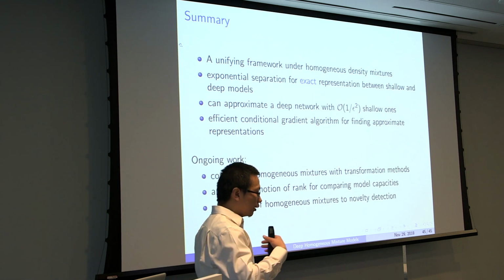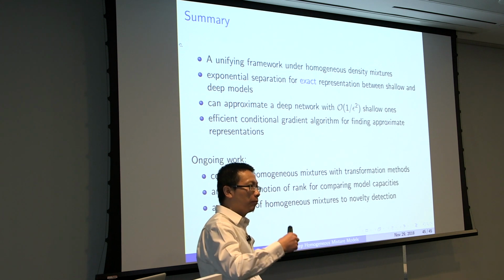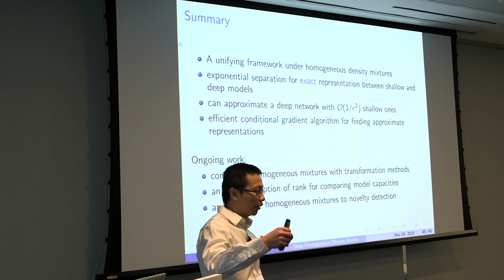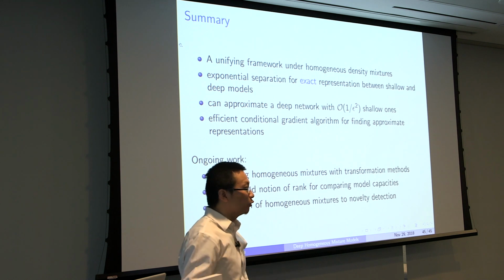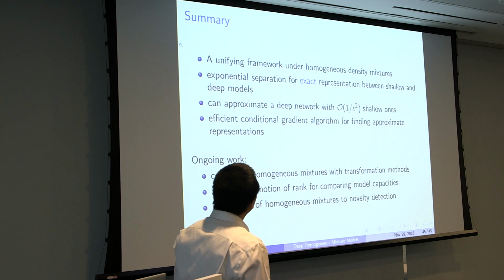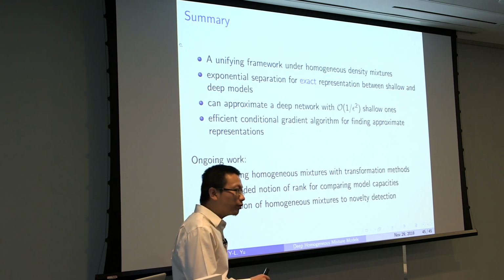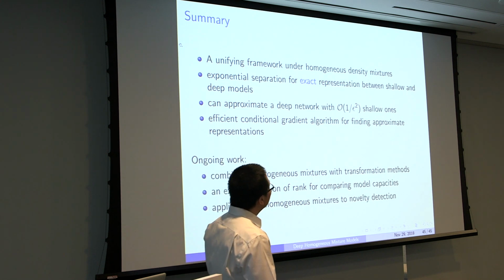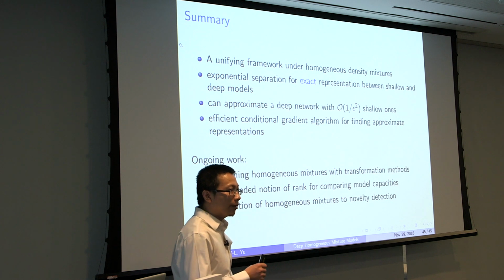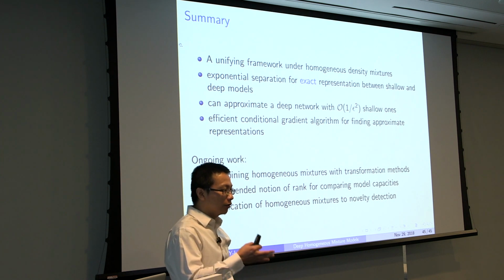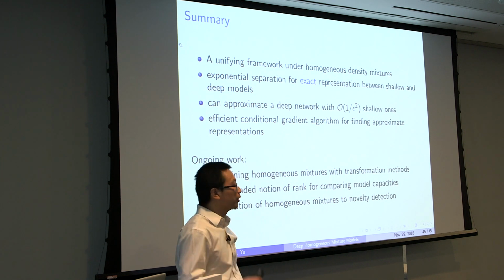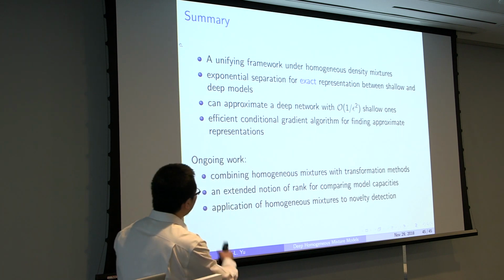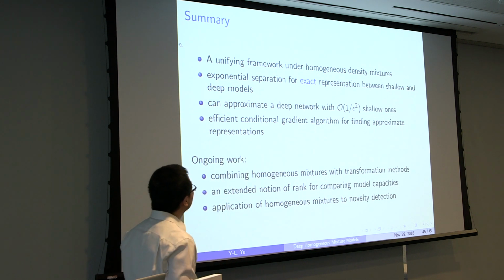And in fact, this exponential gap is not just for a pathological, constructed example. It's actually universal in some sense. However, if you want to approximate a deep architecture with a shallow one, then you only need 1 over epsilon squared shallow networks to approximate a deep network. And we have a very efficient algorithm to do that.